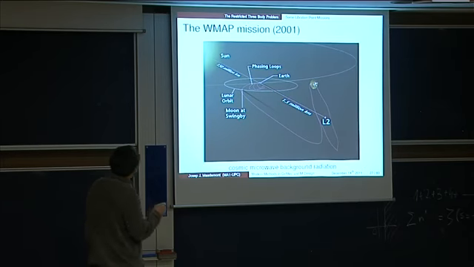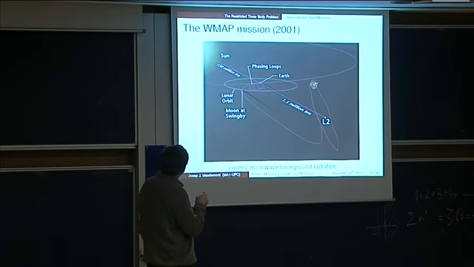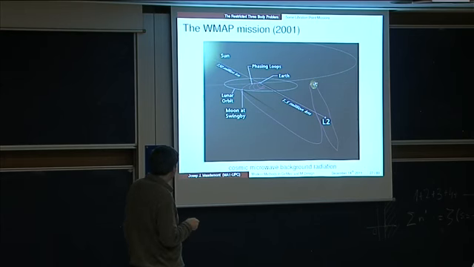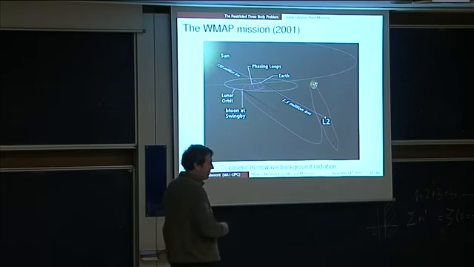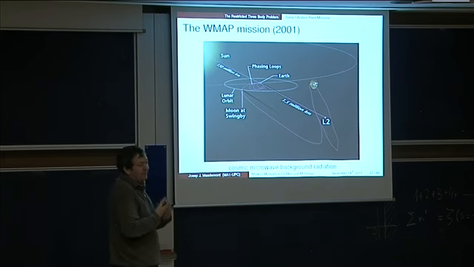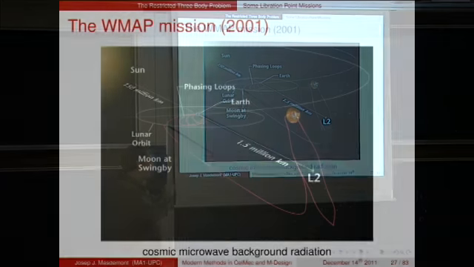And another mission is the MAP mission, the Cosmic Microwave Background Radiation. By the way, this was the one that took the picture of the Big Bang. So this satellite knows where the Big Bang is, and in fact the Big Bang is everywhere, no? Okay? Because it took, say, the picture.